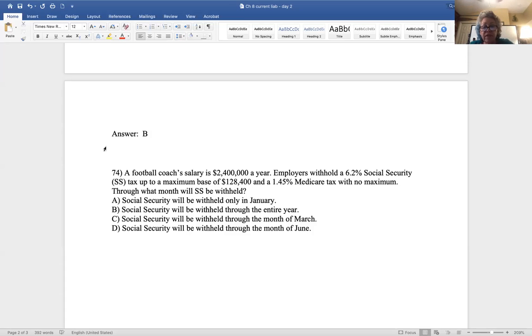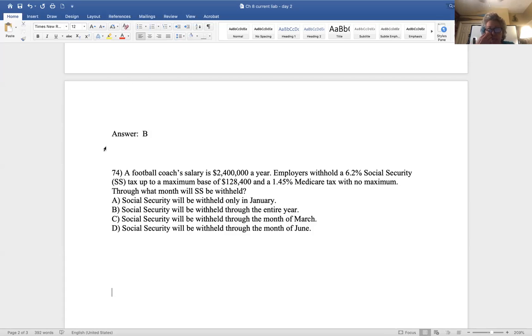In this example, the maximum base that you have to pay Social Security tax on is $128,400. That may be the current max now, or maybe that was last year's. But anyway, you only have to pay Social Security tax up until your wages meet a certain maximum base.